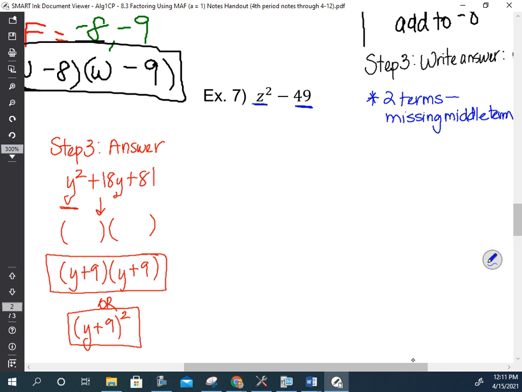You're missing the middle term, so we're going to fill it in. Since we're missing the middle, we're going to fill it in with the number 0.